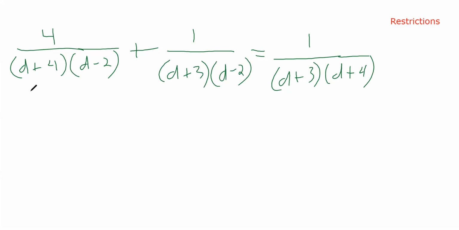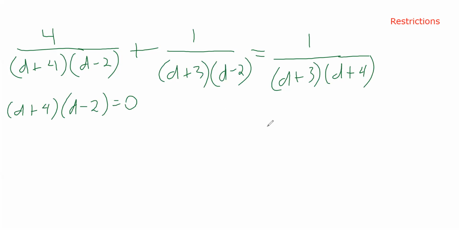So let's see, we technically need to set each of these denominators equal to 0. Let's see if it'll just copy and paste. It will not. Okay. We need to just set each of these denominators equal to 0. So I need to set this first one, d plus 4, d minus 2 equal to 0.